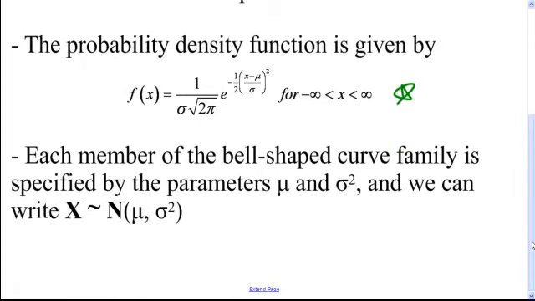We are going to be looking at both our mean and our variance, which is our standard deviation squared. If that's the case, then we can say that x is normally distributed with parameters of a mean and that standard deviation squared, or sigma squared.